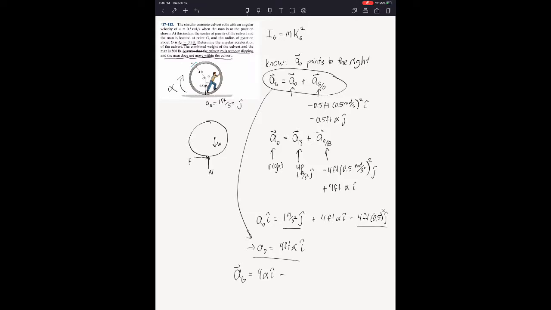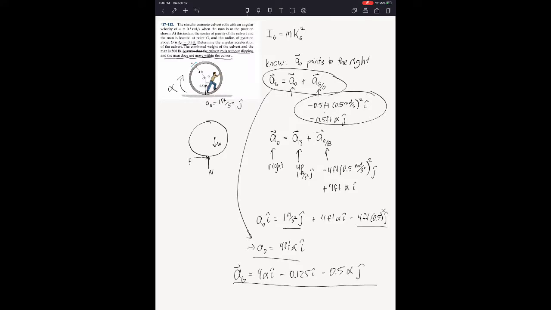Minus, for the i hat term, 0.5 times 0.5 squared, that's going to be what? 0.125 i hat. And then also minus 0.5 alpha j hat.